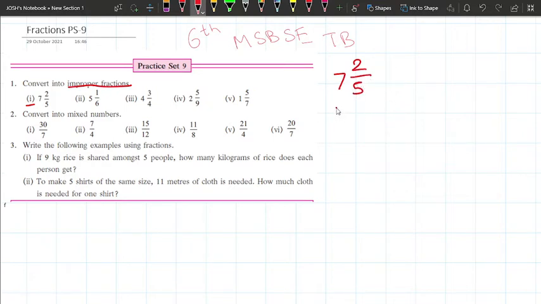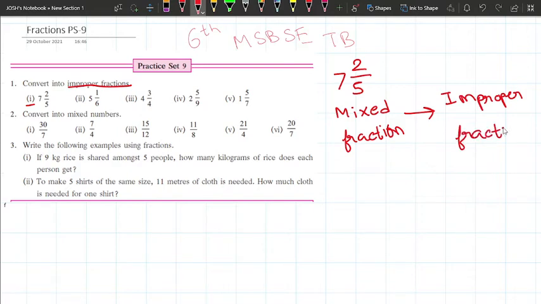So this is a mixed fraction and we have to convert this to improper fraction. So the method is, first we will multiply. See, this is our mixed fraction. First we'll multiply 7 and 5 and then to the product of 7 and 5 we will add 2.